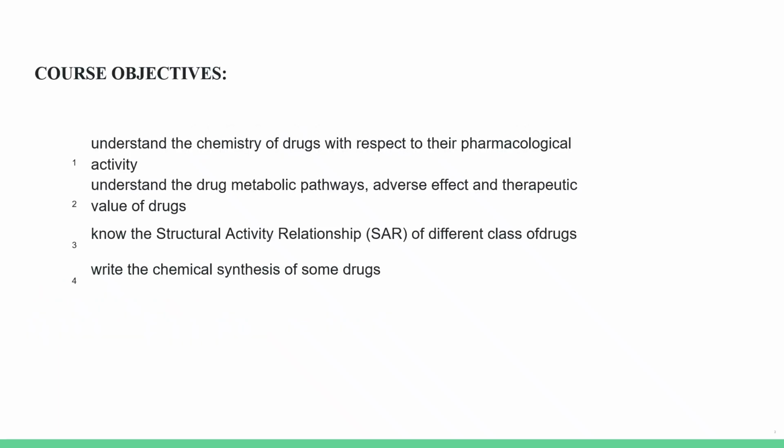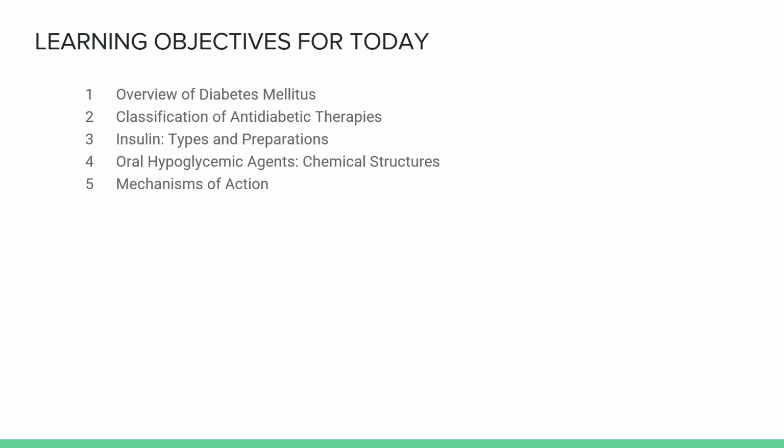The subject Medicinal Chemistry II deals with the main course objectives: to understand the chemistry of drugs with respect to their pharmacological activity, understand the drug metabolic pathway, adverse effects, and therapeutic value of drugs, know the structure activity relationship of different classes of drugs, and write the chemical synthesis of some of the selected drugs. These are the main four course objectives related to the Medicinal Chemistry II subject.